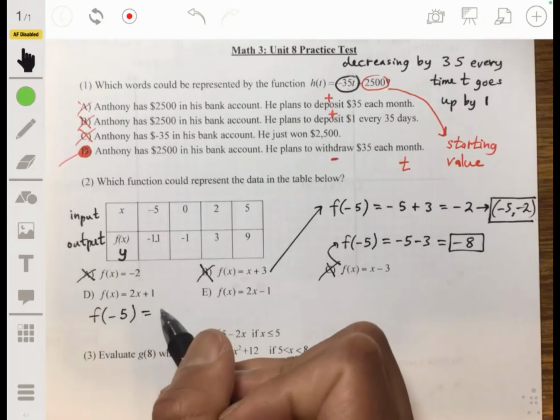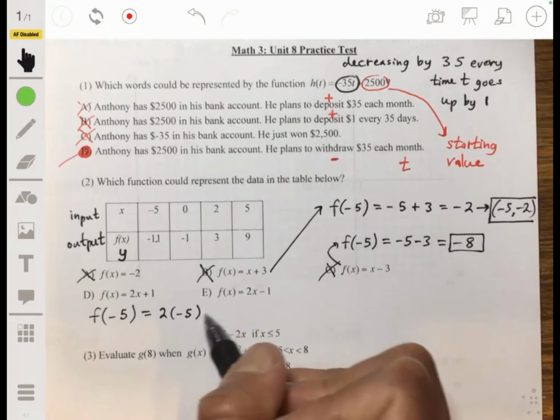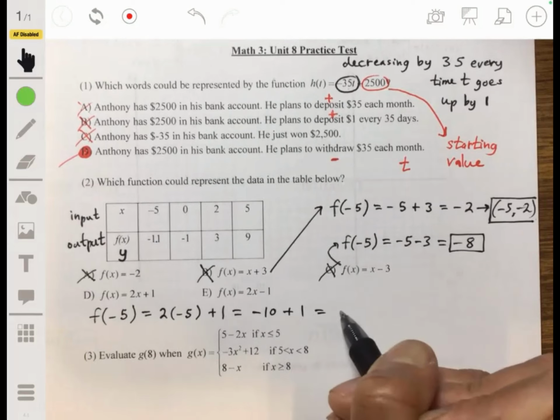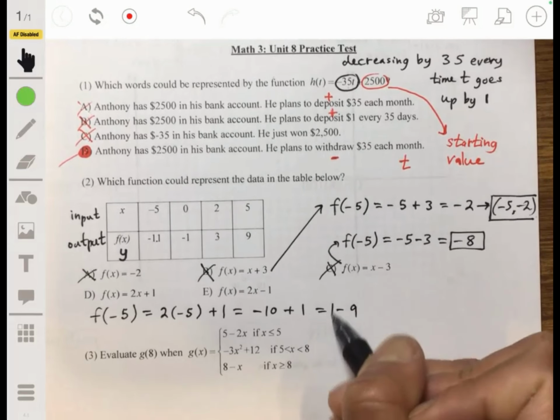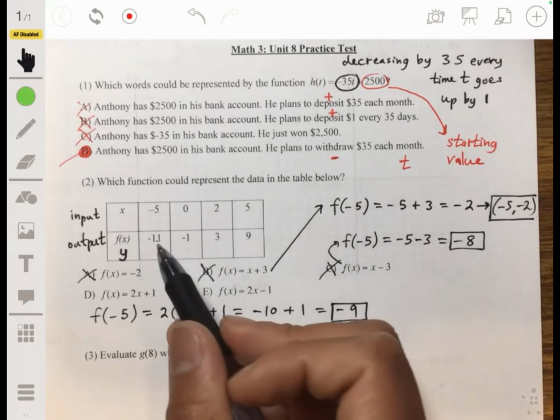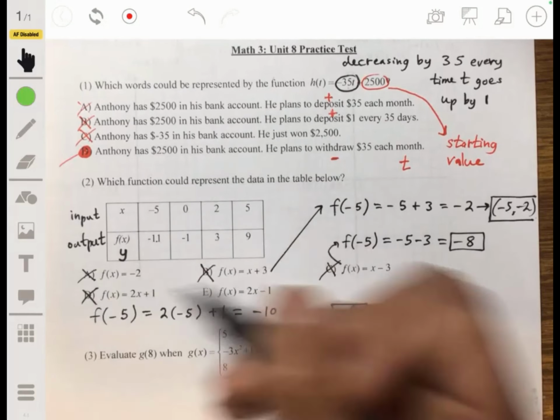We plug in -5, we get 2 times -5 plus 1, or -10 plus 1, which is -9. So it still isn't right because we're supposed to get -11. So it's not going to be D.